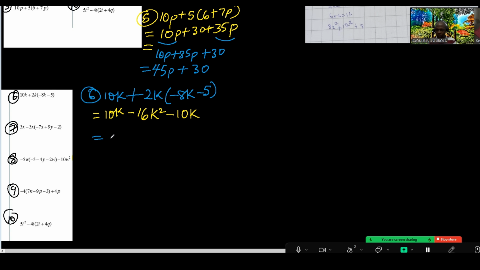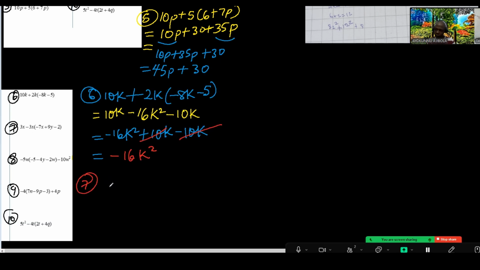So we have negative 16k squared, being the highest power there, and this is power 1 and power 1, so we'll bring them together. Plus 10k minus 10k. What is 10 minus 10? That's a 0, so 10k minus 10k is gone. Our final answer is negative 16k squared. Take note of that.